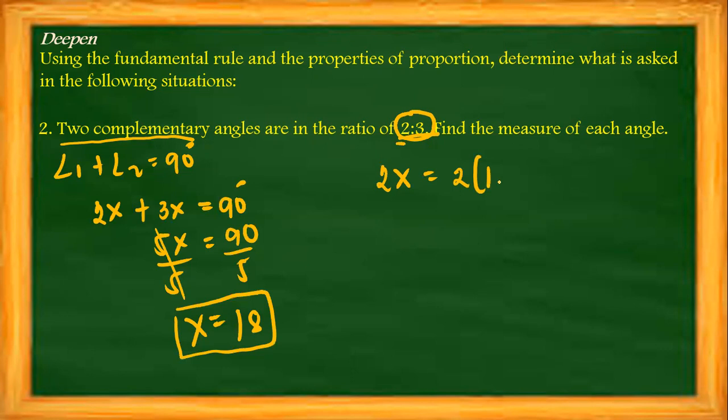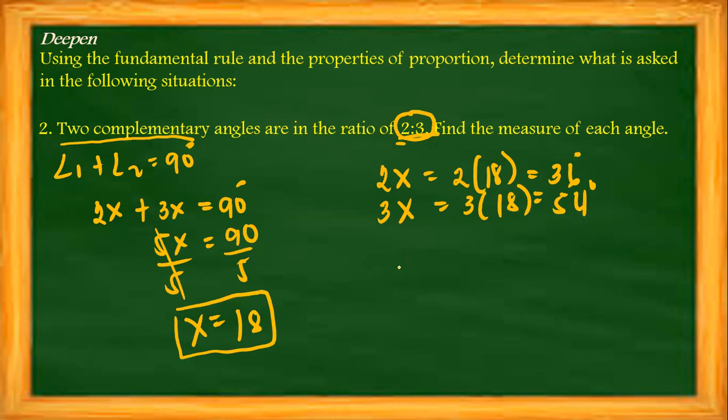So 2 times 18, that is 36. How about the second ratio, which is 3? So we have 3x. 3 times 18, the answer is 54. So the measures of the angles are 36 and 54.